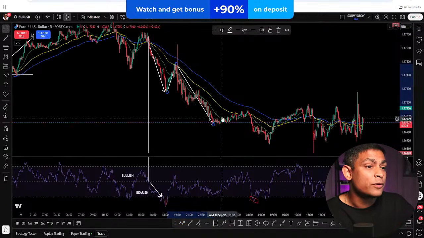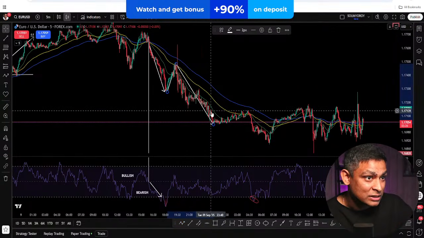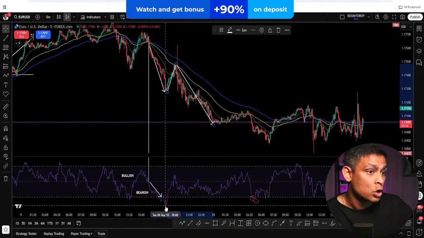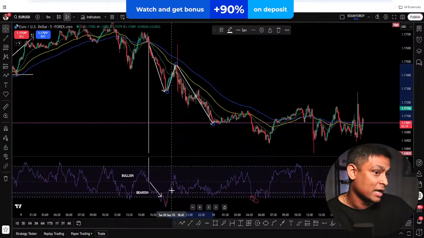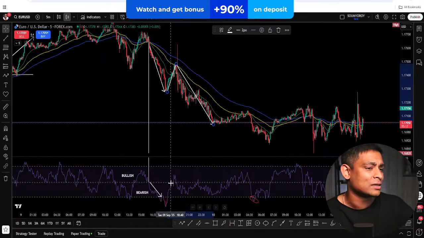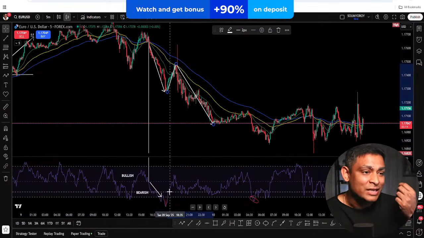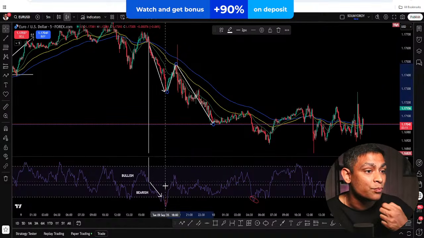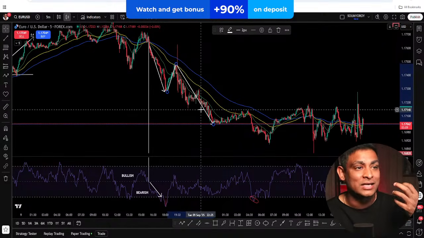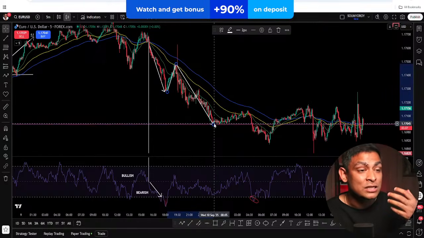However, if you try to match this price zone with the movement of this indicator, you will precisely understand that this movement is not matching up with the price movement.